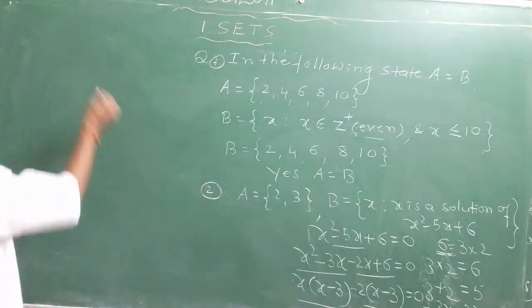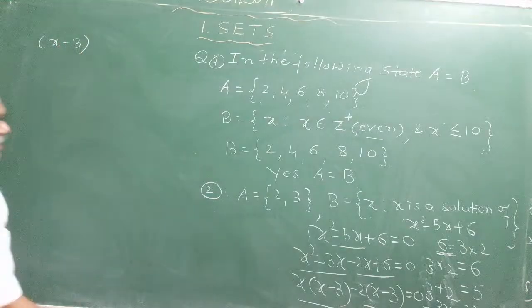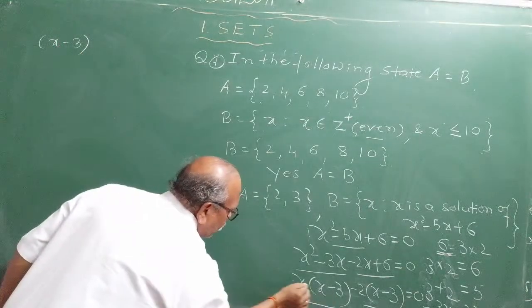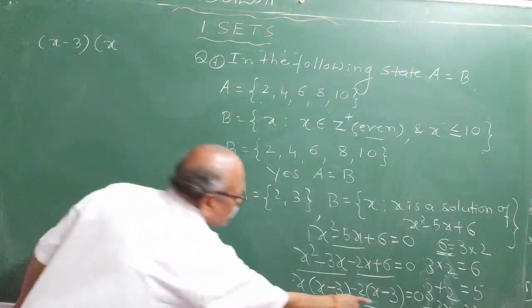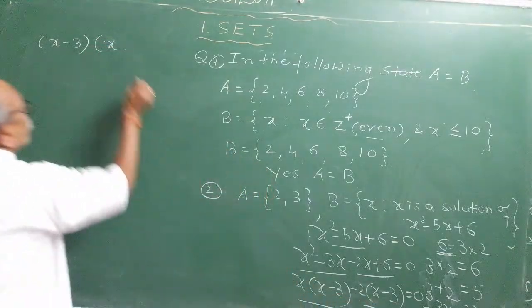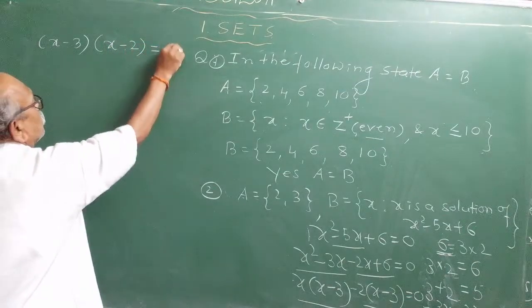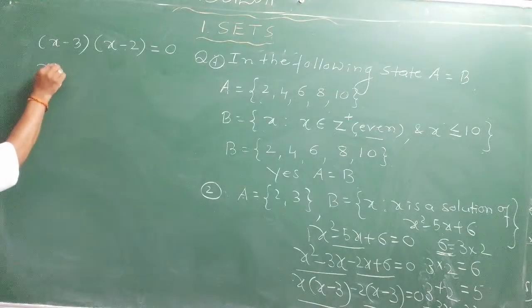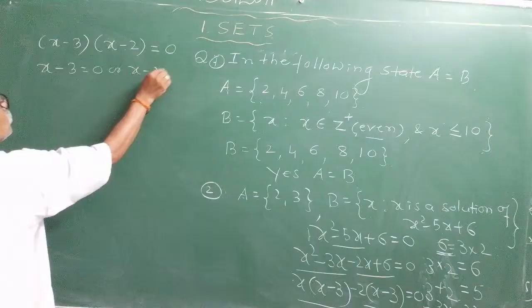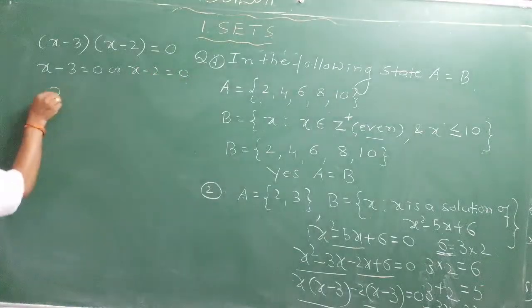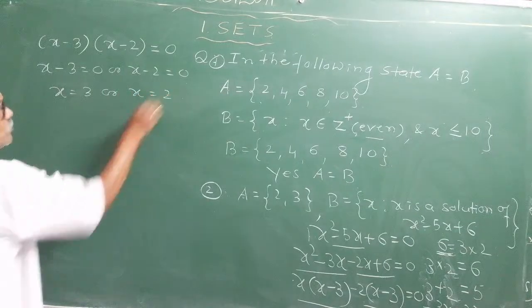Common is x minus 3. If you take x minus 3 common here, what are you left with? x. Here, x minus 3 is taken common, what are you left with? Minus 2 is equal to 0. You can equate it as x minus 3 is equal to 0 or x minus 2 is equal to 0. There you got x is equal to 3 or x is equal to 2.